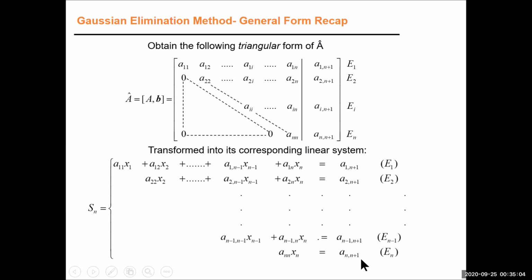What you see down here at the bottom of the page is simply the equivalent equation form of this matrix form. So you can easily see in the last equation, you can easily obtain the value of xn, which is the constant divided by the coefficient. And then doing back substitution, you can eventually obtain the values of x1 all the way to xn.